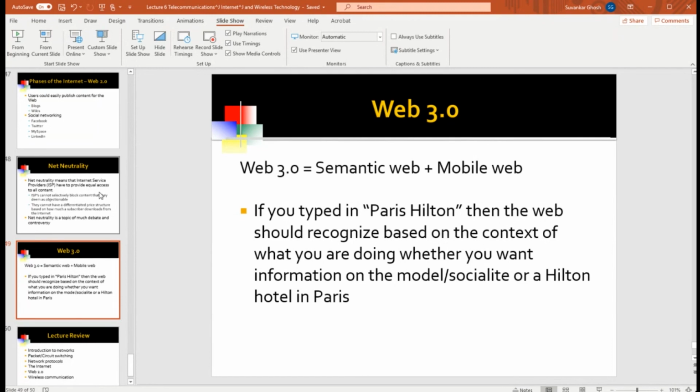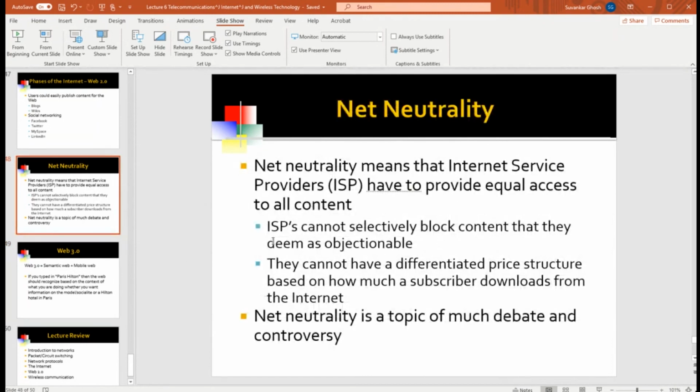So that's the evolution. I should also mention the concept of net neutrality. And this was really part of Web 2.0, but it has certainly carried on. Web 2.0 was about your ability to generate information and put that information on the web. So now the question becomes, are there types of information that the government would censor, would not allow you to put on the web?